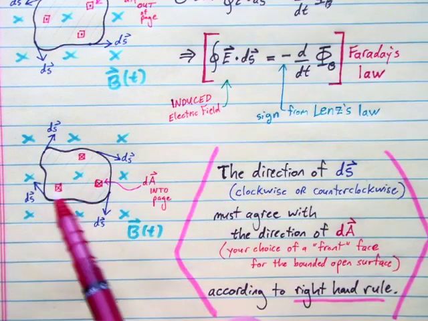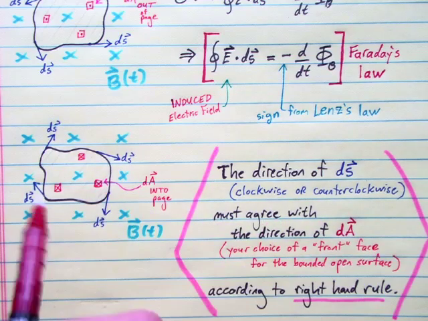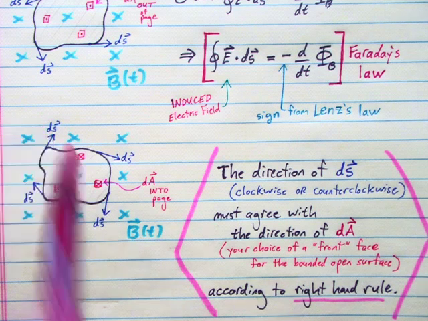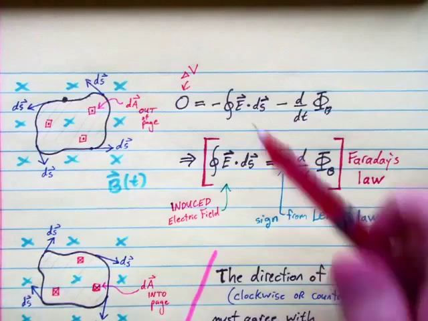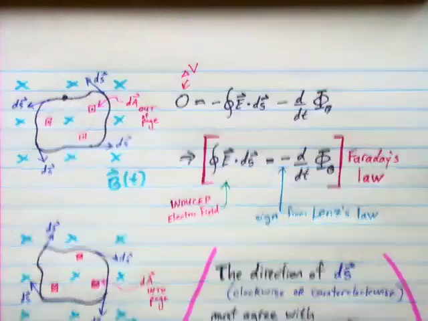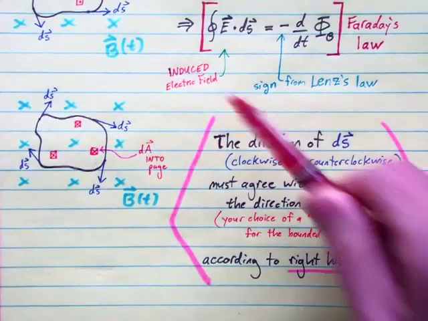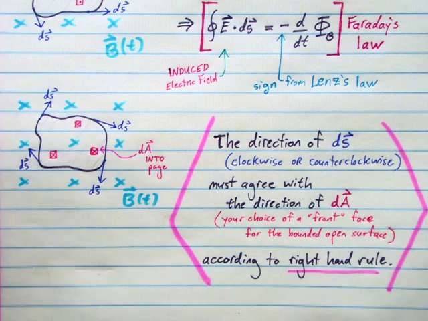So if you're going to integrate clockwise, then we'd be looking at the back side of the open surface, and our dA's would be pointing into the page. Here, if we're integrating counterclockwise, then we're looking at the front side of our open surface, and our dA's point out of the page. That's key for getting these signs to work out and for Lenz's law to be represented accurately in this relationship.